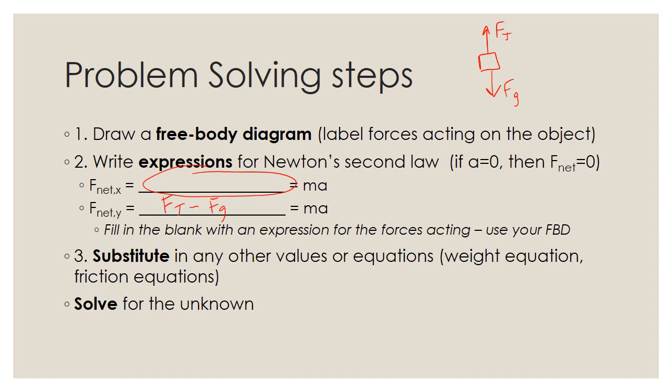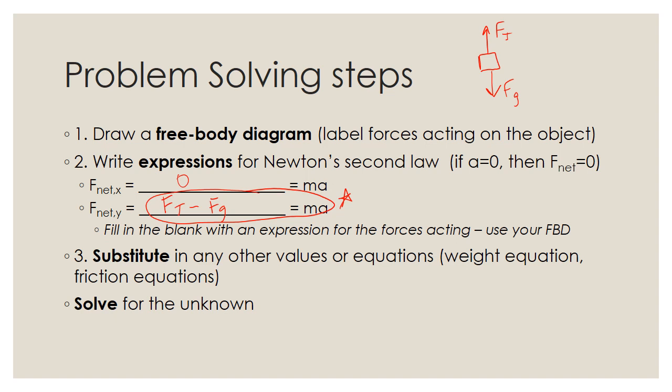So I would say force of tension minus the force of gravity gives me my mass times acceleration. There is no net force in the x, and there are no forces acting. So for the simple little demo here, tension minus force of gravity equals ma, and then I can go charging away using this as my primary equation to solve that problem.